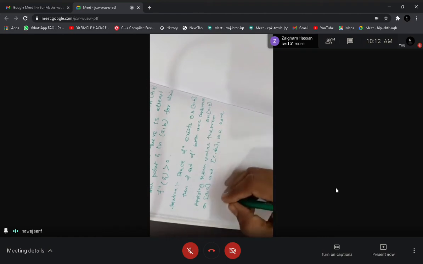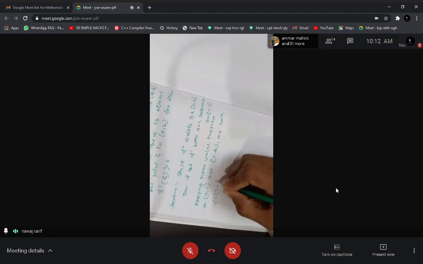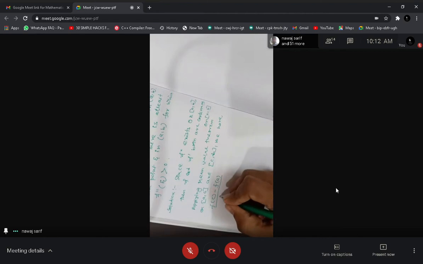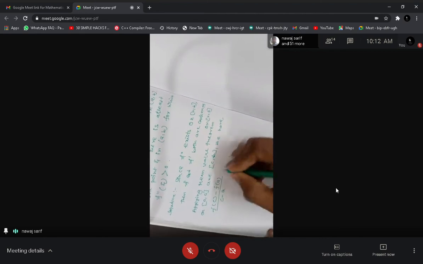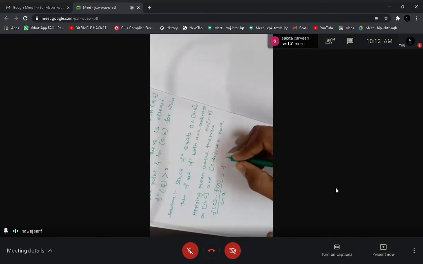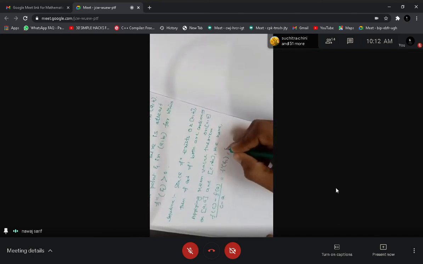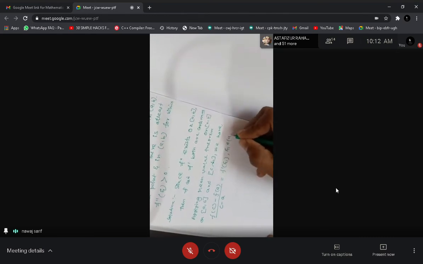This will be f(c) minus f(a) divided by c minus a equals f dash xi1, where xi1 belongs to the open interval (a,c).